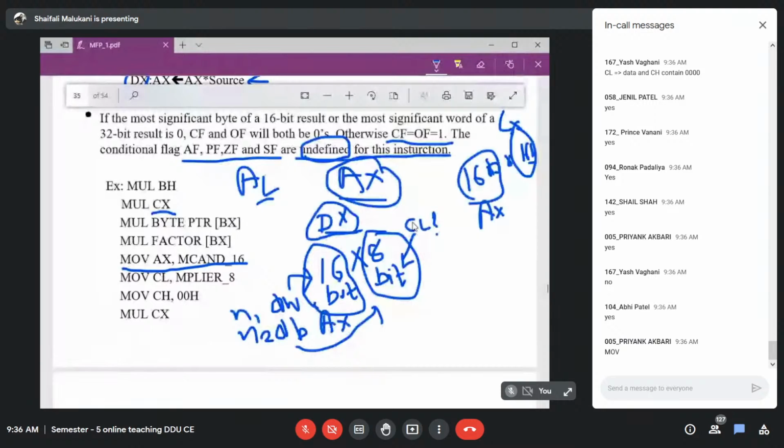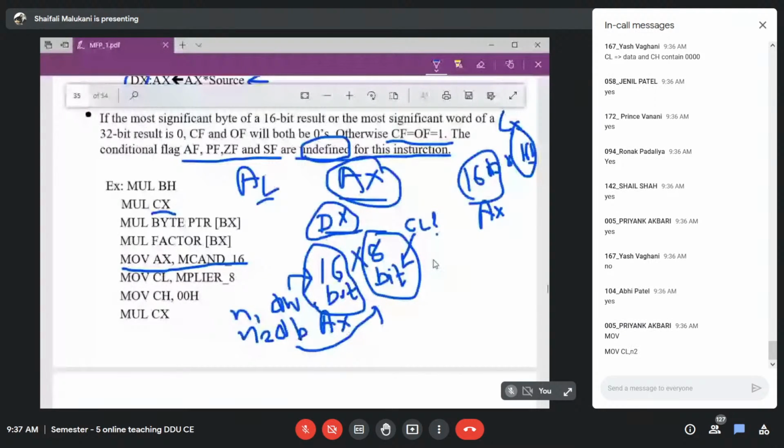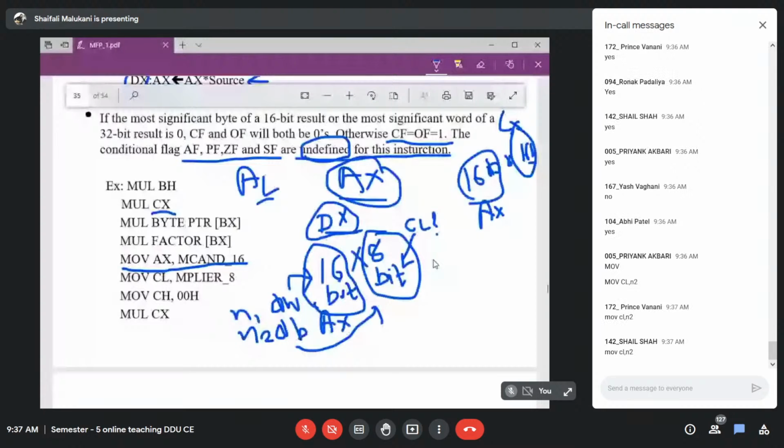Yes, the move instruction itself will do that. What will that be? Move CL comma N2.